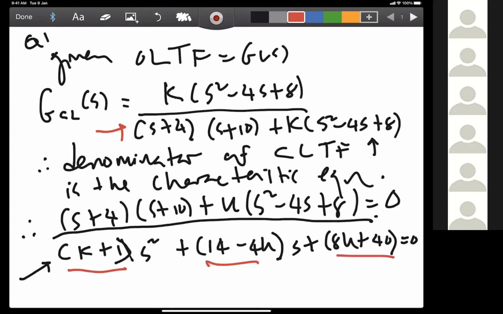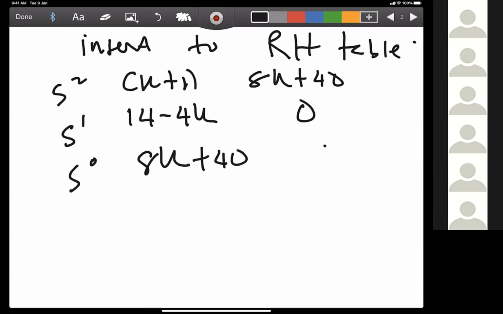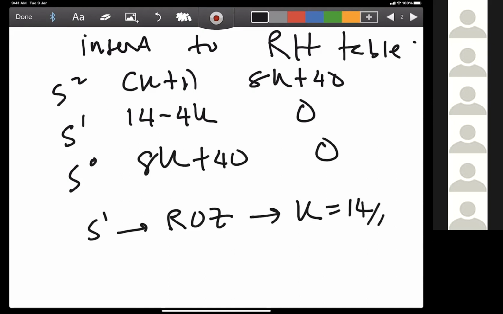After you plug into the Routh table, you have to fill up the s⁰ row. So if you fill up, there is a case of a row of zeros over there, so 8K + 40, which is 0. So s¹ is a row of zeros special case. So we get K equal to 14 divided by 4, K equal to 3.5.